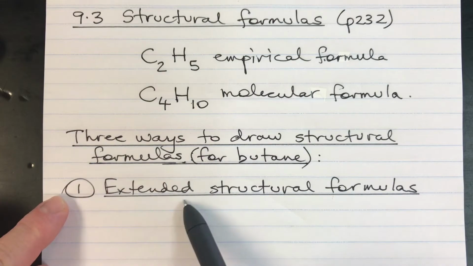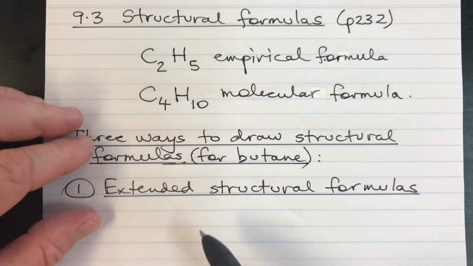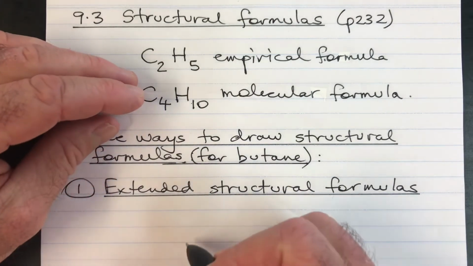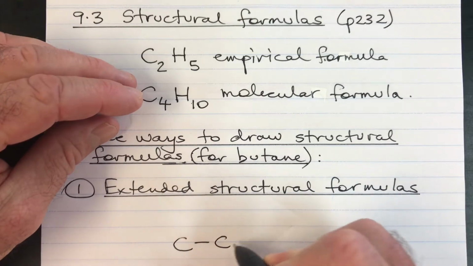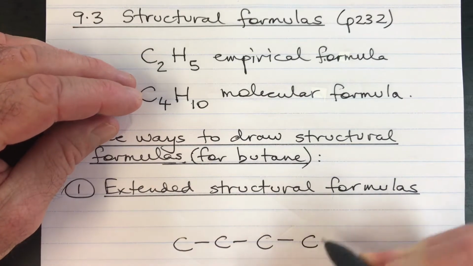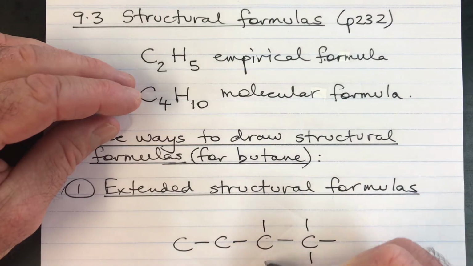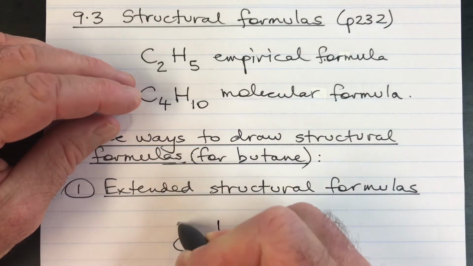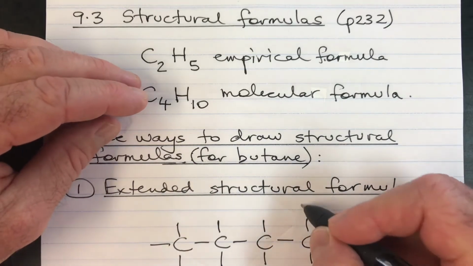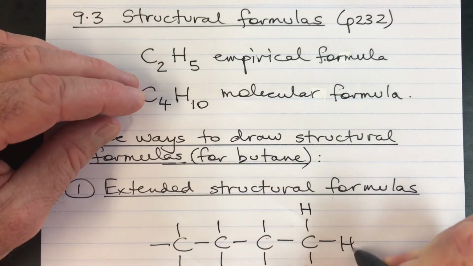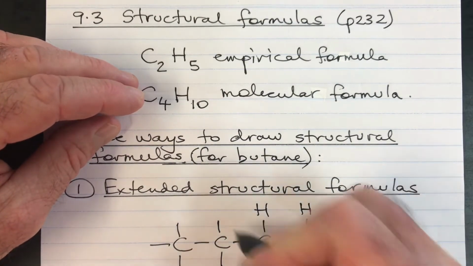The first way is the extended structural formula. And that way is the way that we've been drawing molecules generally up until now. It's basically like that. You know how it goes.